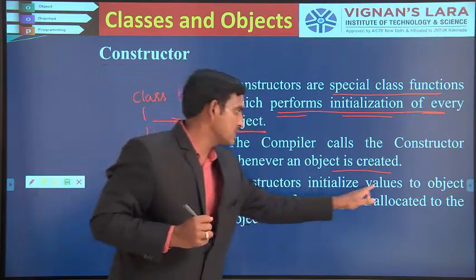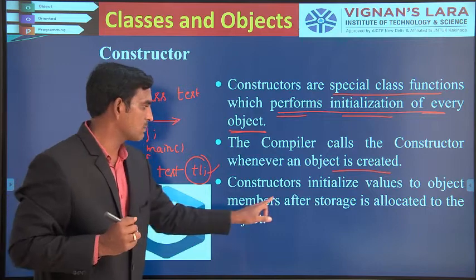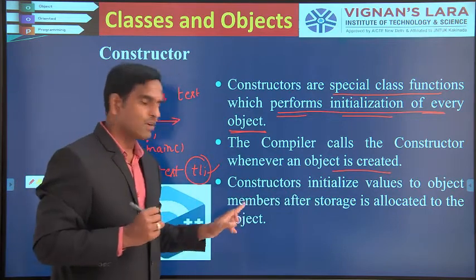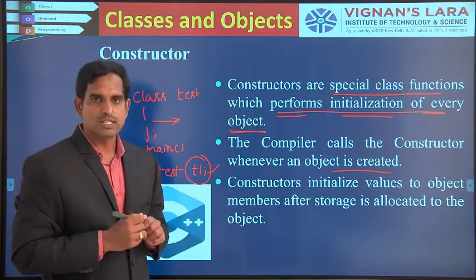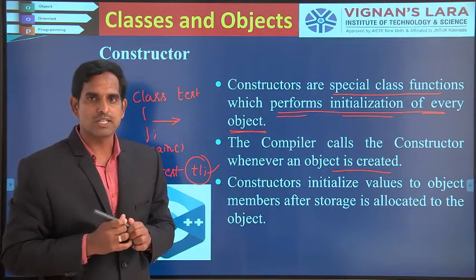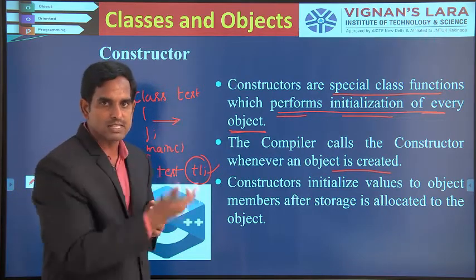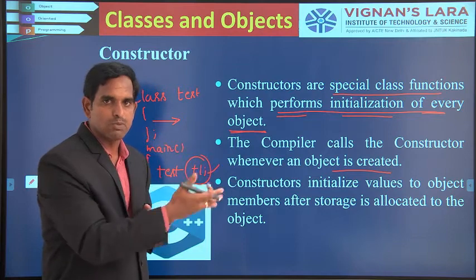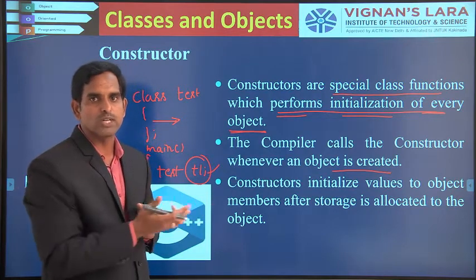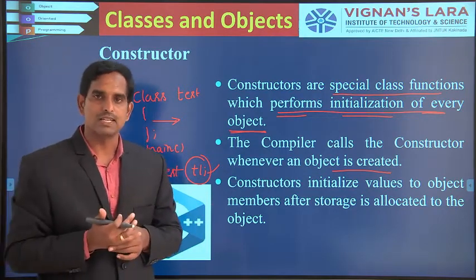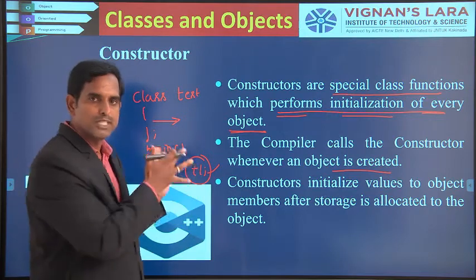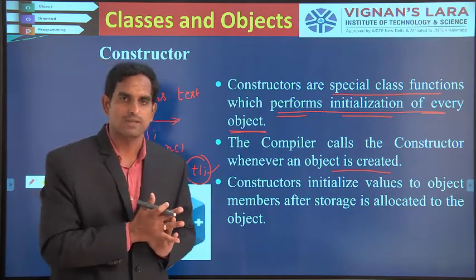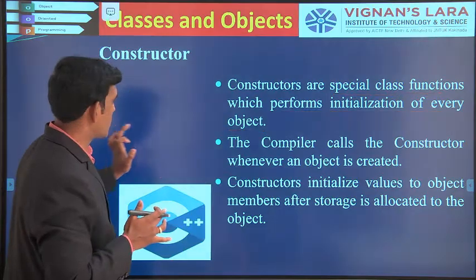The constructor initializes values to object members after storage is allocated to the object. As I told you, whenever you create an object, it is given some memory, and what values you give inside that memory is called initialization. That initialization is done by your constructor.